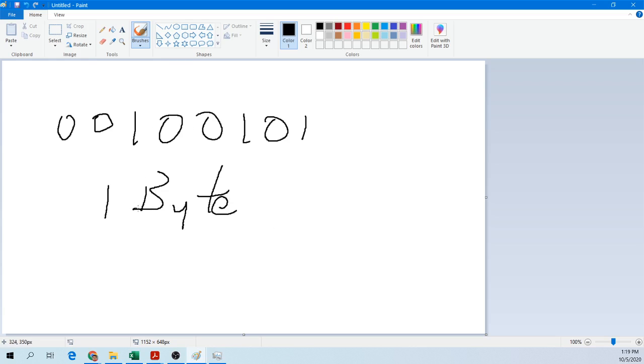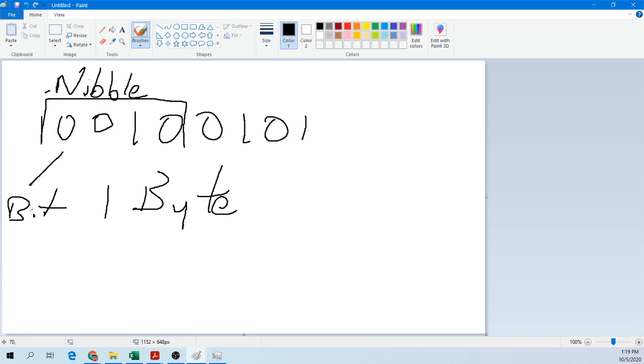So these 8 bits here are referred to as 1 byte. 4 bits, so this 4 here is referred to as a nibble. You can imagine it as something like if you're eating, 1 is a bit, then if you take 4, it's a nibble, and if you take 8, it's a byte.